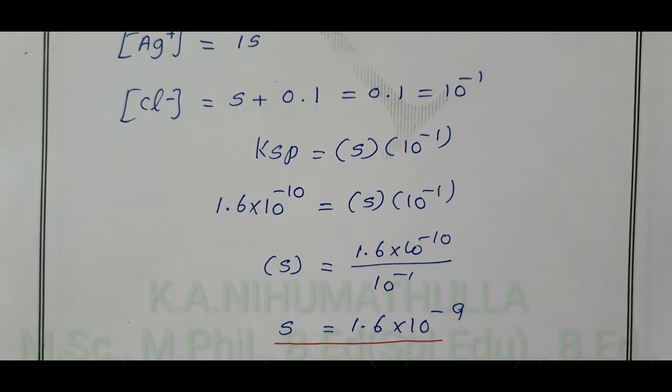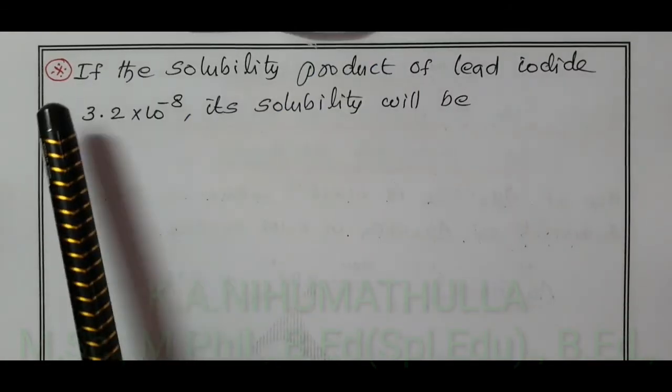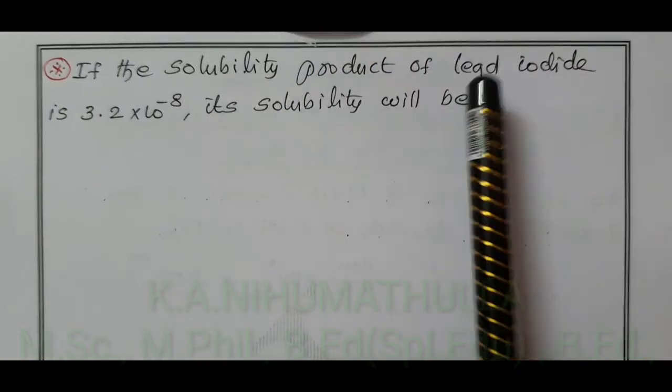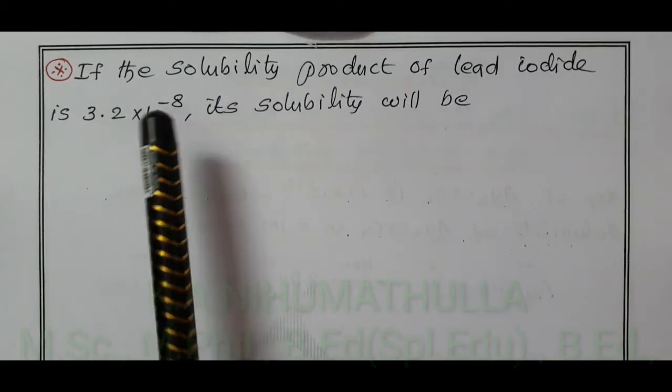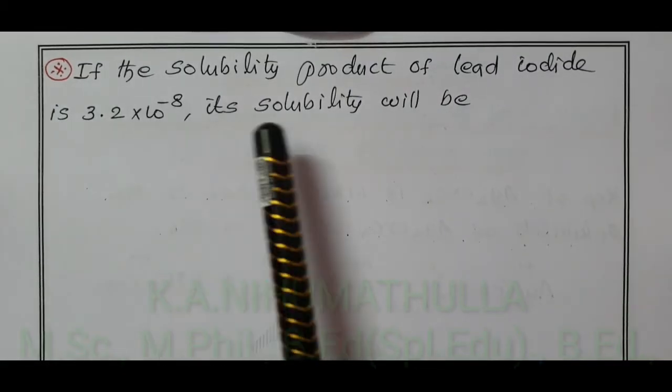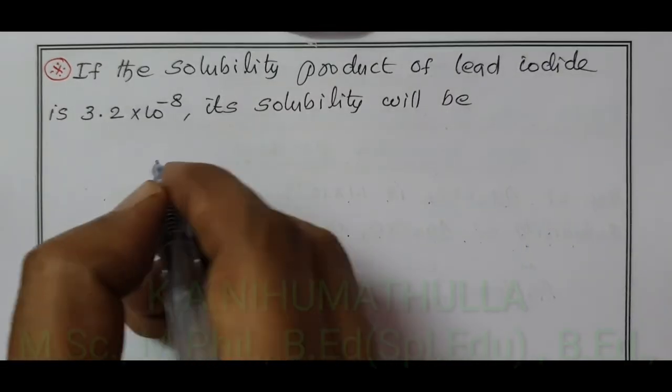We are also going to discuss one more problem. If the solubility product of lead iodide is 3.2 into 10 power minus 8, its solubility will be, as usual, now I write the formula equation.